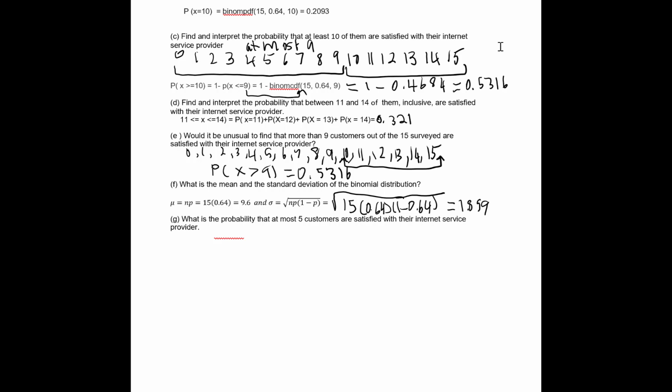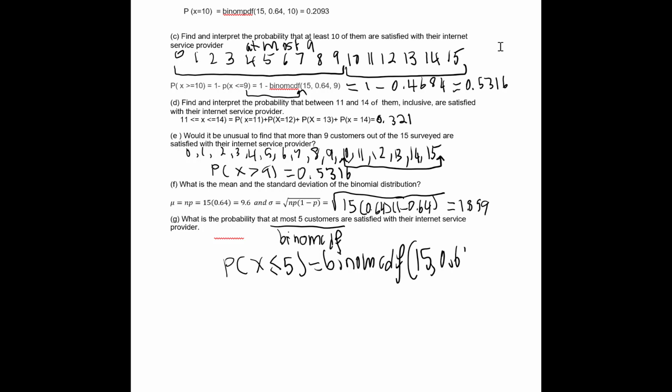What is the probability that at most 5 customers are satisfied with internet service? At most, guys, there is a built-in formula for that on the calculator, which is the binomial CDF. So at most, you can write it as x less than or equal to 5, which is binomial CDF, 15, 0.64, and then put 5.